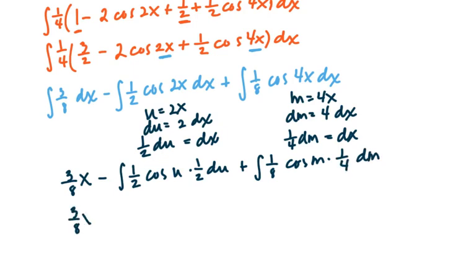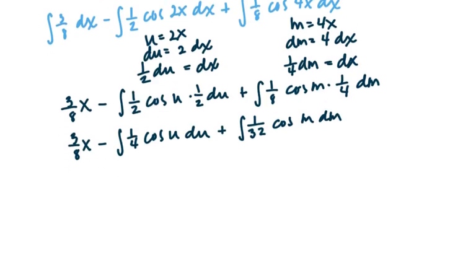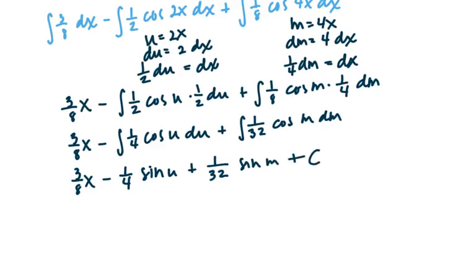So we have 3 over 8x minus, I like to clean it up, 1/4 cosine of u du plus the integration of 1 over 32 cosine of m dm. So we have 3 over 8x minus 1 over 4, and the integration of cosine is sine of u, plus 1 over 32, and the integration of cosine is sine of m, plus c.